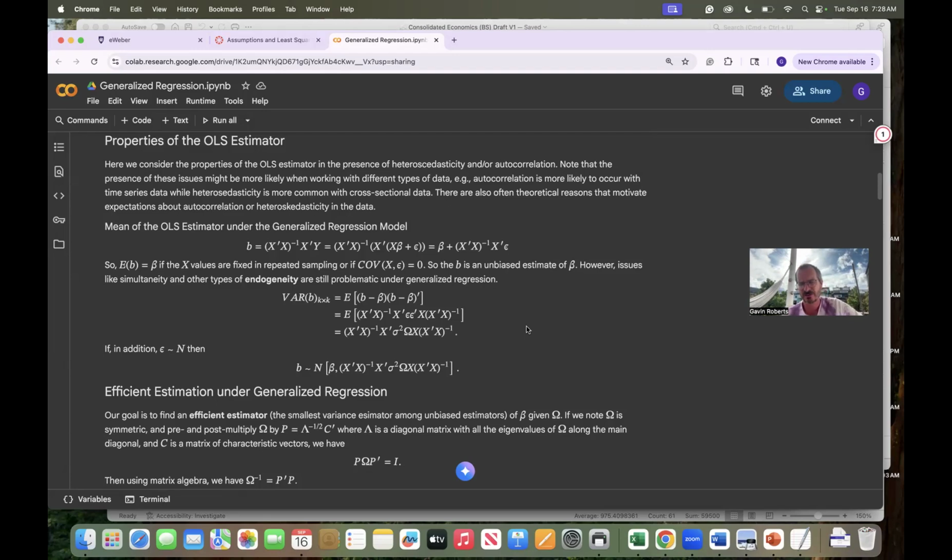Heteroscedasticity tends to be more likely with cross-sectional data. A really simple example, one that can be easily fixed for heteroscedasticity: if we were looking at the impact of population or population density on GDP, we'd likely have bigger error terms in more populated states. We could transform our data into per capita data, and that is often a good fix for heteroscedasticity.